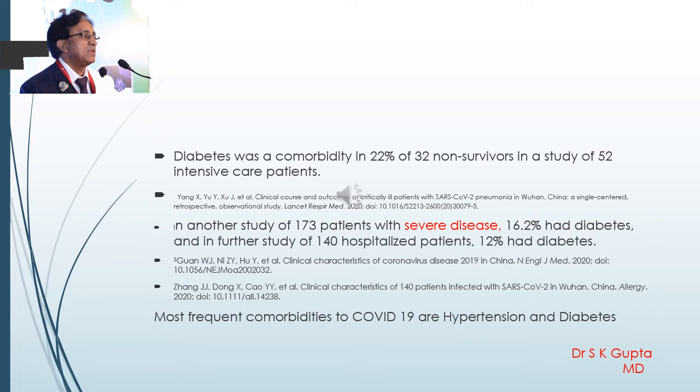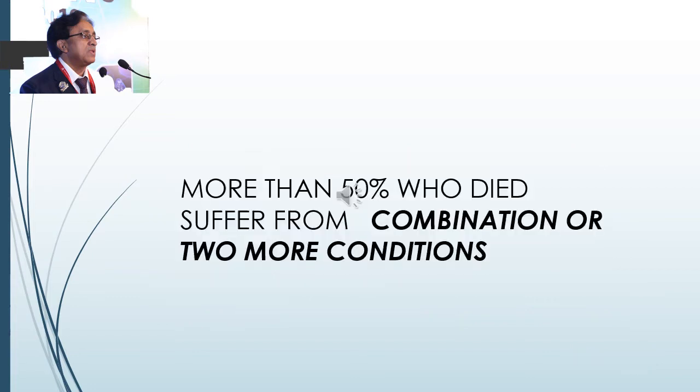It means the most frequent comorbidities in COVID-19 are hypertension and diabetes. In most of the studies, more than 50% of patients who died of COVID had a combination of two or more conditions.